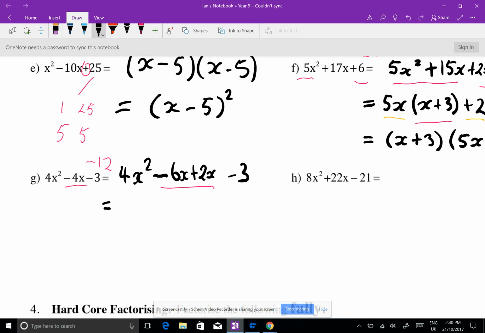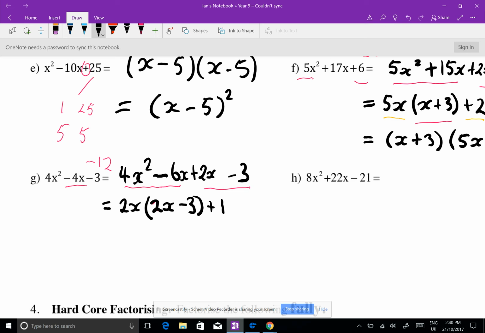So I'll take 2x out of the first 2 terms. There's my first 2 terms. Now my next 2 terms, I take 2x out of there, which leaves me with 2x minus 3. And here's a bit of a trick.